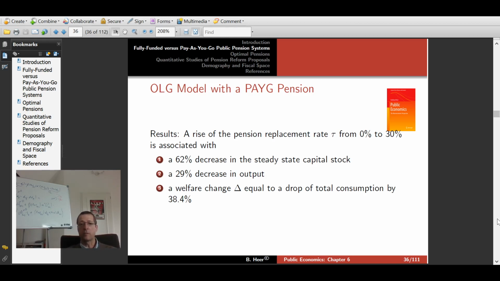So the utility of the Italian and the Greek, just because of the pension system, is 38% less. They produce 29% less output, and the capital stock is reduced by 62%.